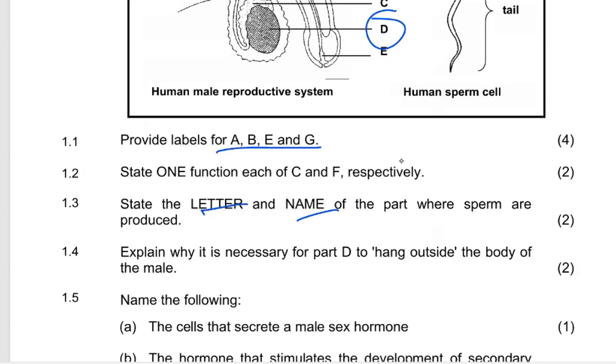Explain why it is necessary for part D to hang outside the body of the male. Why should the testes hang outside the body of the male?